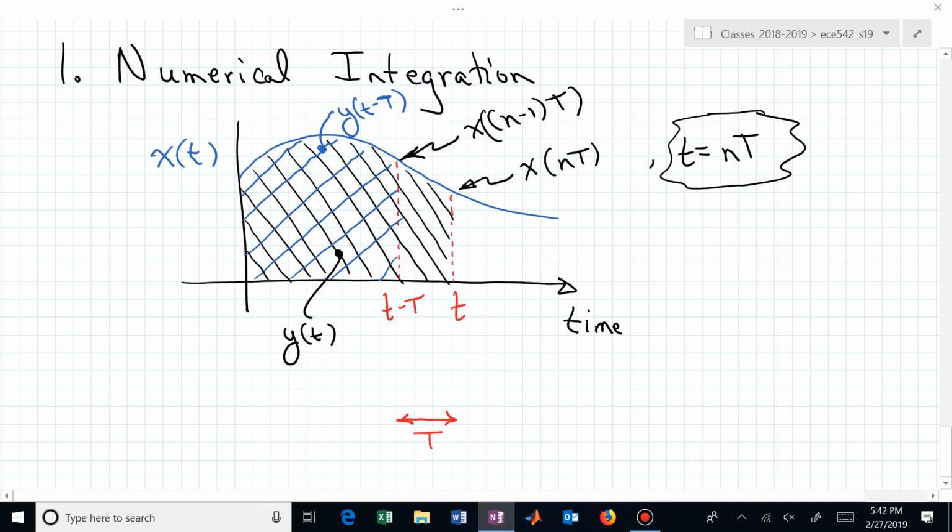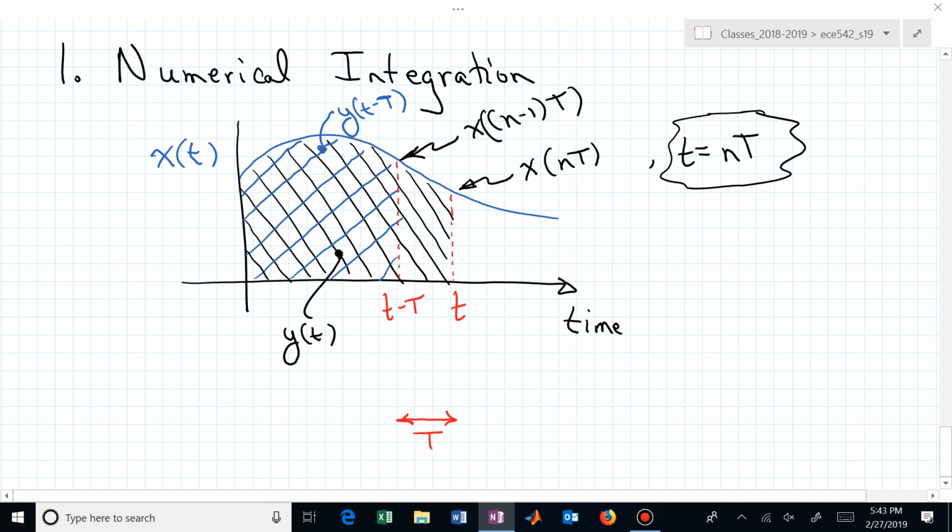I've indicated our final sort of shaded location, which I've labeled as little t, and behind that, one sample period before that, I've now identified the point little t minus one sample period capital T. And if you're paying close attention, maybe you can see that I've actually shaded this with two different colors, and the difference, or the area between t minus capital T and little t, is not cross-hatched, it's just shaded.